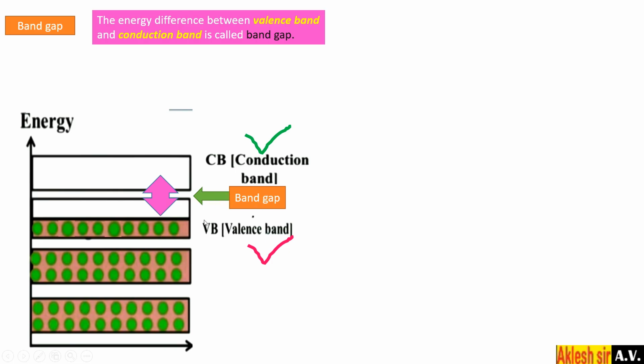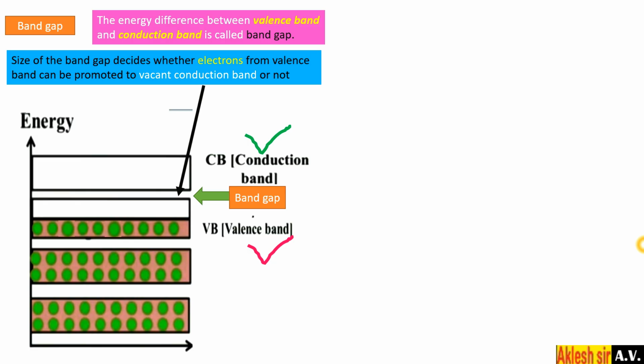If I give the electron that amount of energy, it will get free and move from the valence band to the conduction band. The energy difference between the valence band and conduction band is known as the band gap.